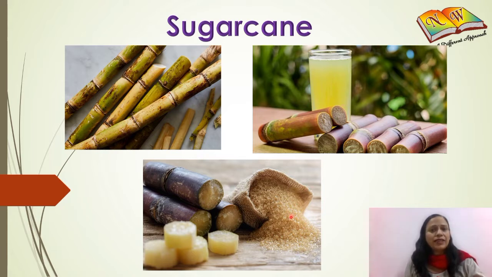Similarly, the white sugar that we have in our kitchen is also prepared using the juice extracted from the stem of the sugarcane plant. So for sugarcane also, the stem is the part which is used as a source of food for us.